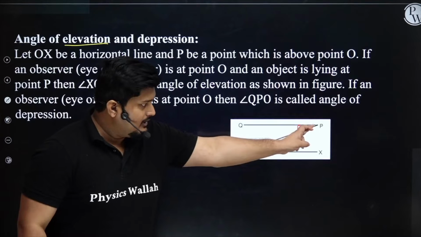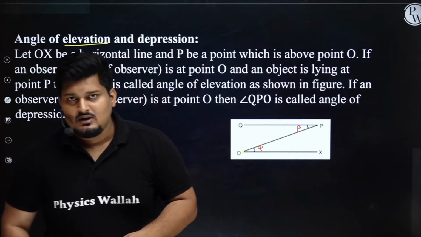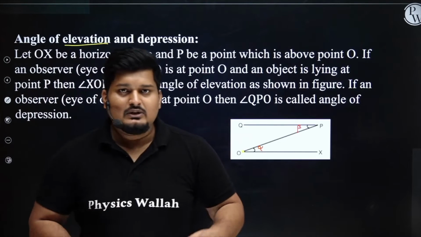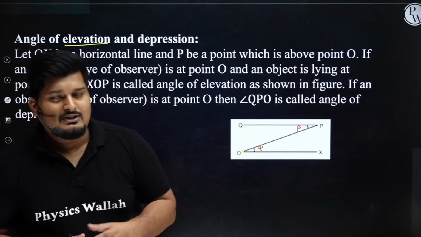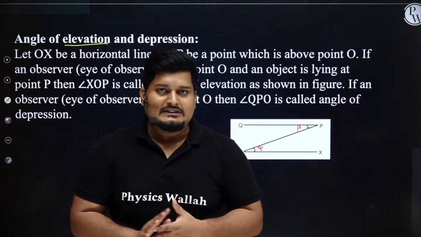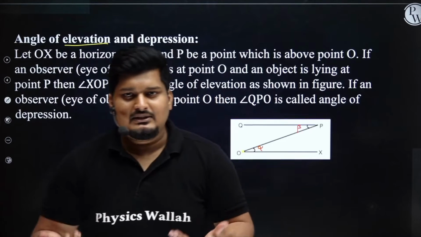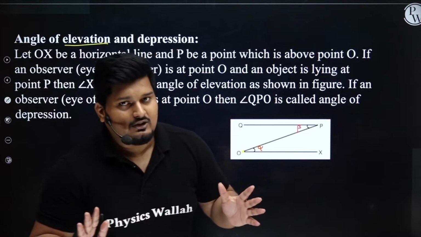And from point P, if you are looking at point O, this angle beta, QPO, will be the angle of depression. Clear? It's very easy to differentiate between these two, and you are going to deal with only these two terms in all the problems of heights and distance. Basically, you have to draw a triangle and implement 9th class geometry. That is not difficult at all, right?